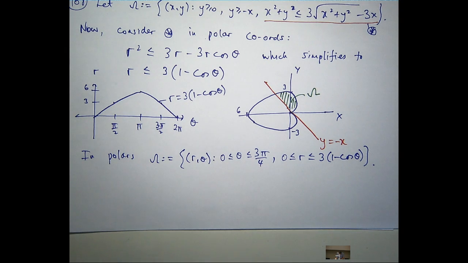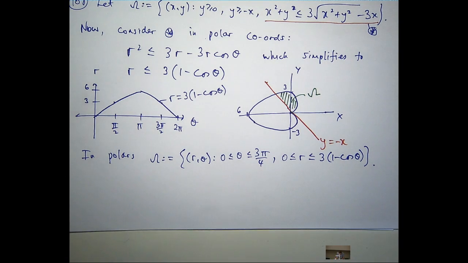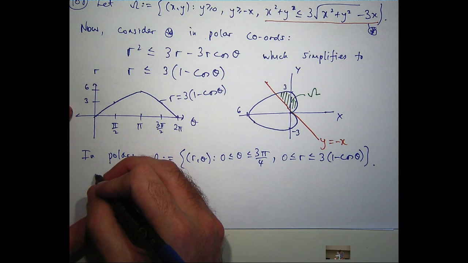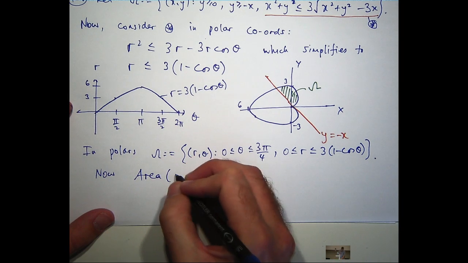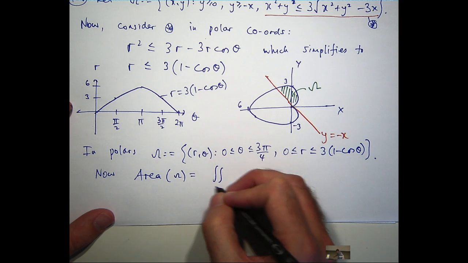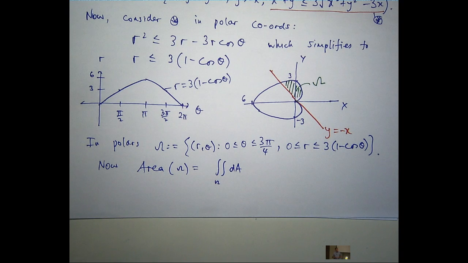Okay, so that took us a long time to draw all that. What we're trying to do is find the area of this region. So remember, the area is just the double integral of the constant function 1 over the region.